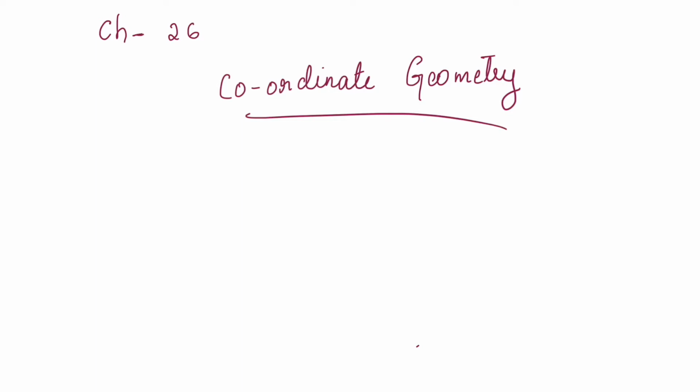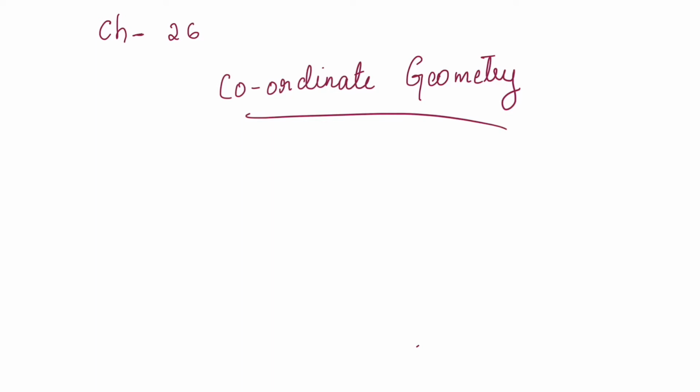The location of points comes under the heading coordinates, and the relation with respect to different figures comes under the heading geometry. So the name is coordinate geometry.